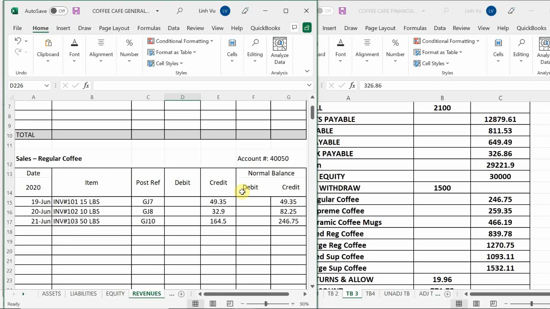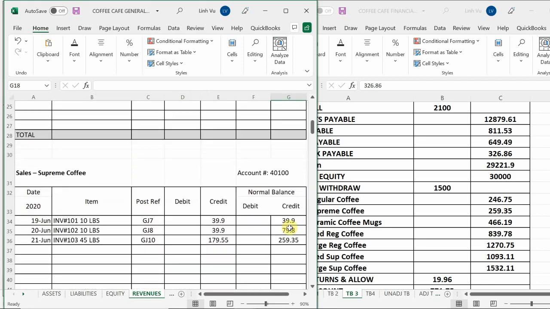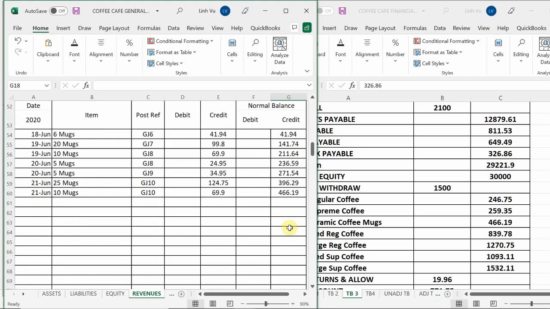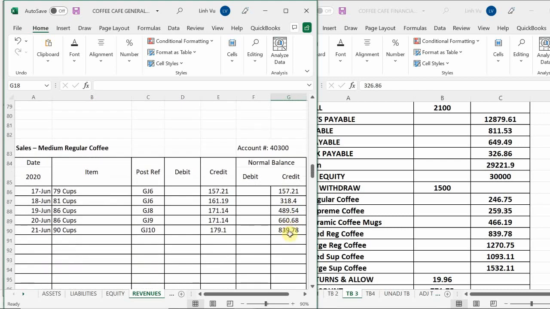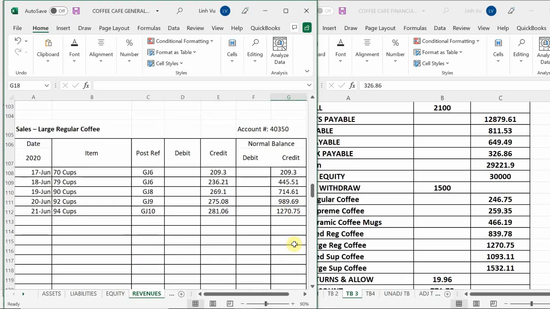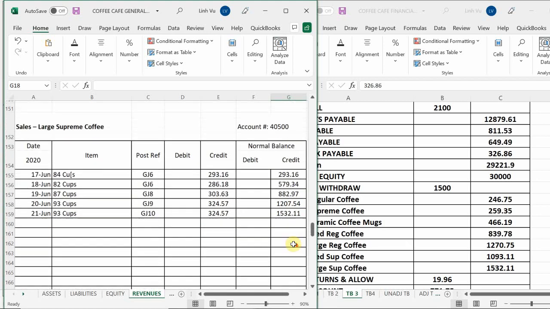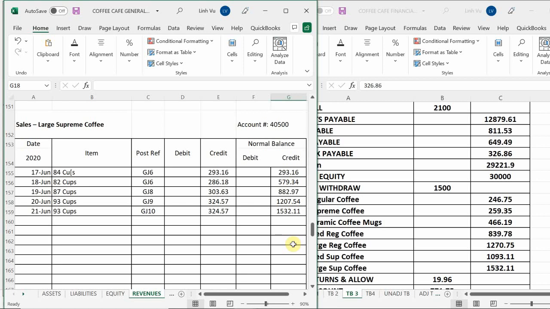Okay, sales for this is 24675. 25935. 46619. 83978. 27375. 109311. 125211.